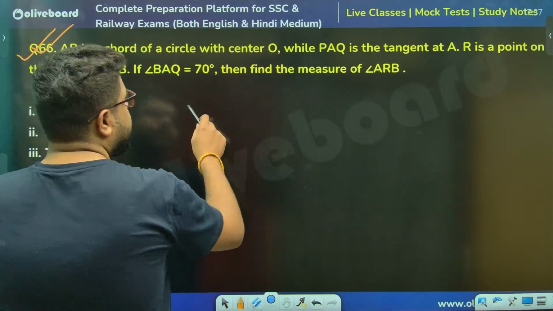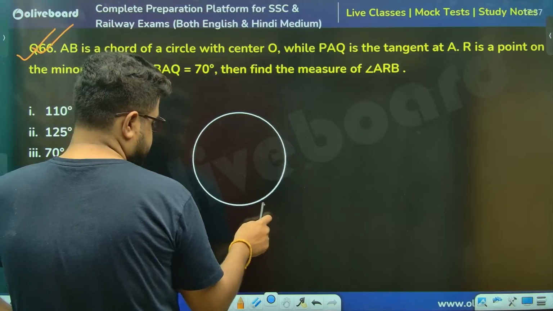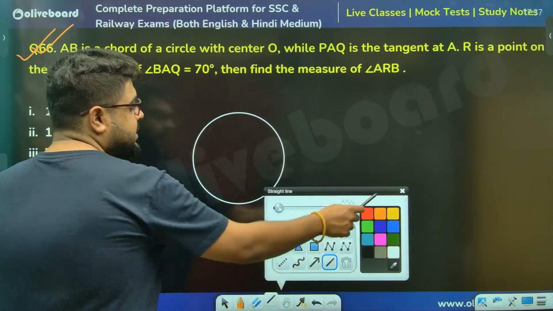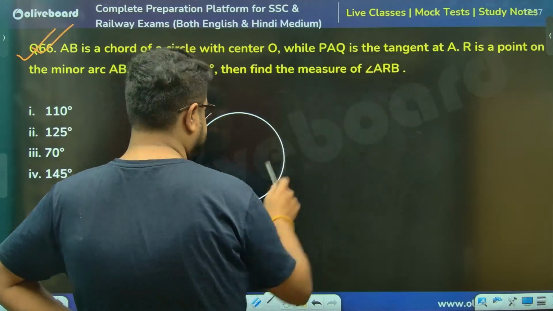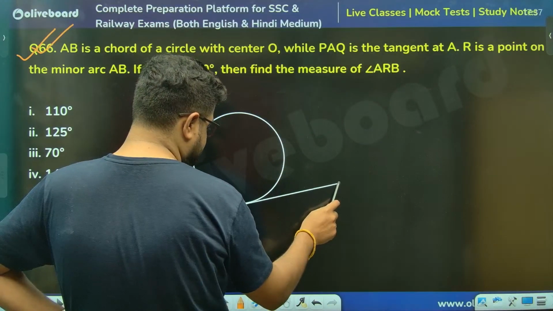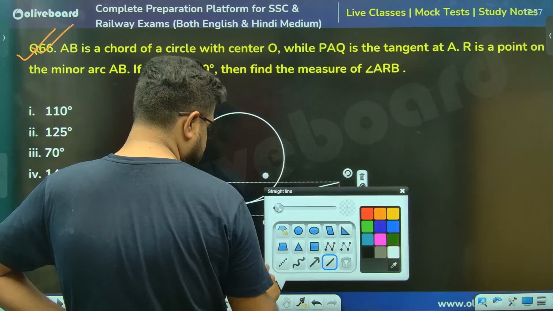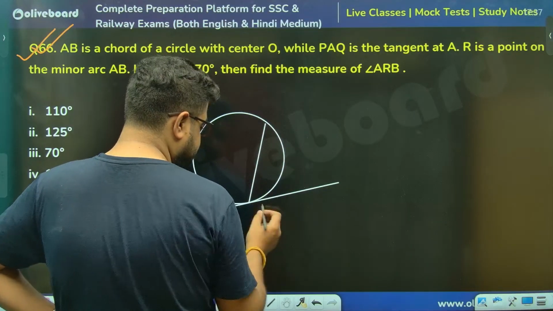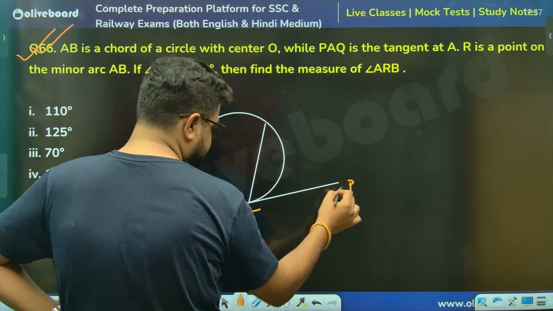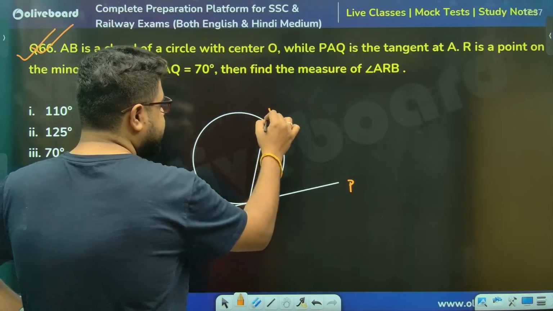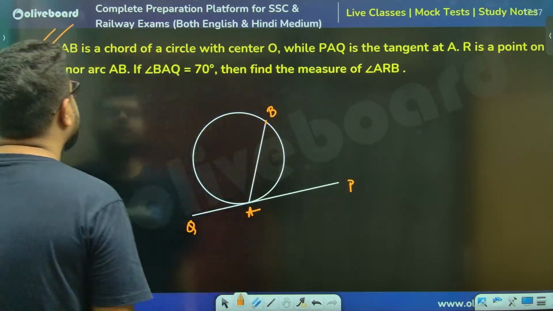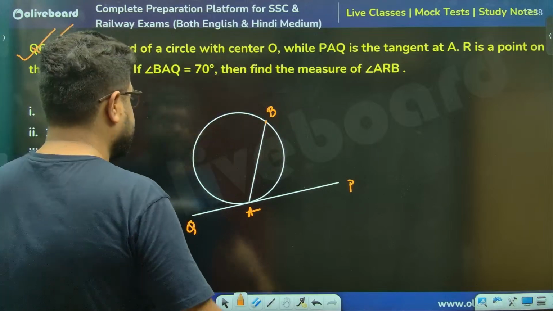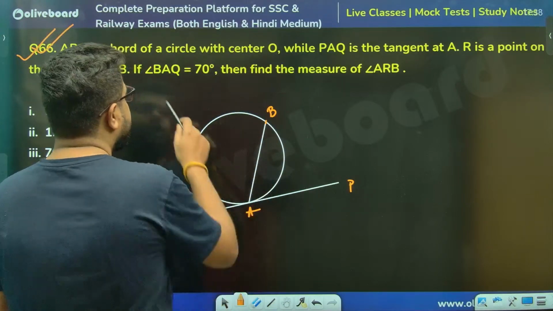AB is a chord and PAQ is given. First draw the tangent. PAQ is the tangent at A and AB is the chord, they have also told us. So this point is A, this is P, this is Q and B is this. AB was the chord. R is a point on the minor arc of AB.